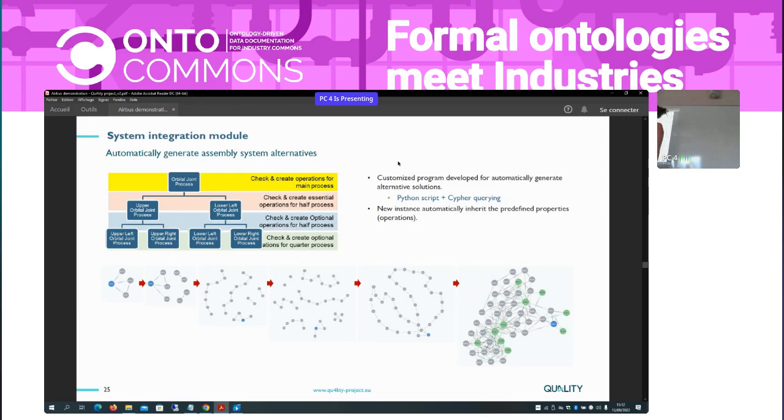So we can check different process sequence alternatives at this level of upper, lower, right, and left. Using the rules and constraints predefined in the application ontology, plus a Python script, we created different architecture options that could meet a defined requirement.